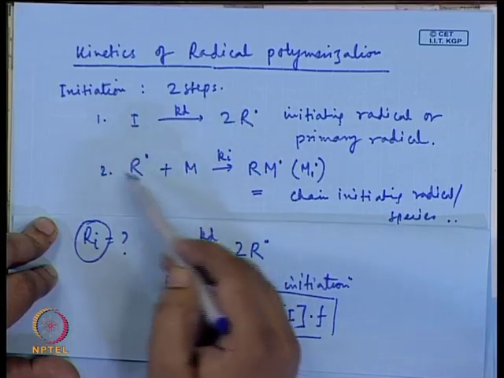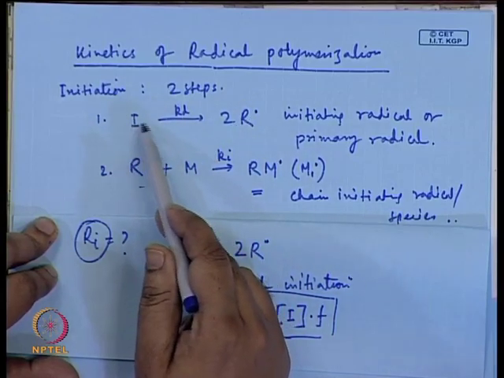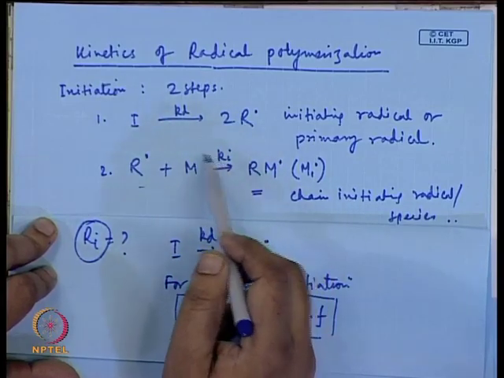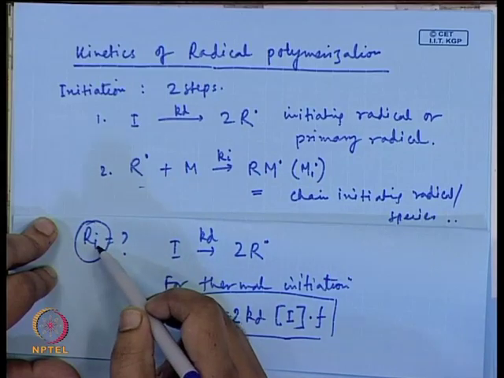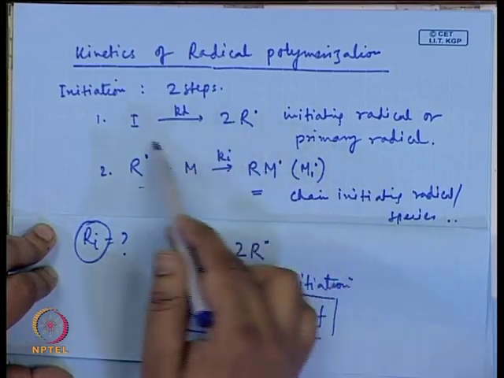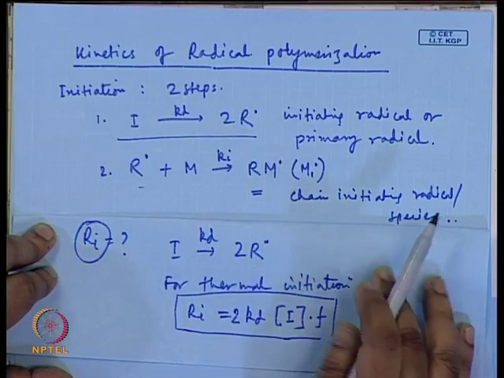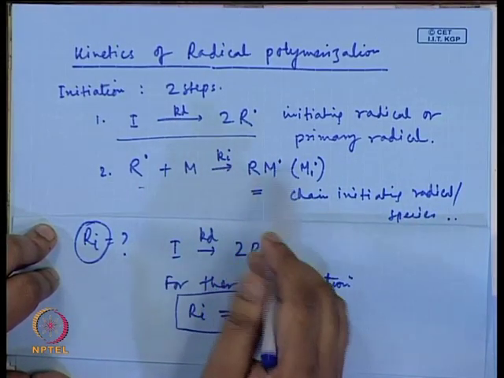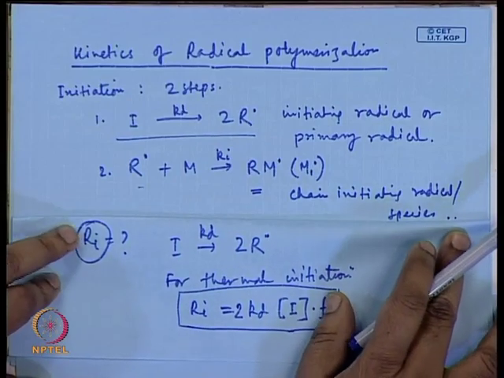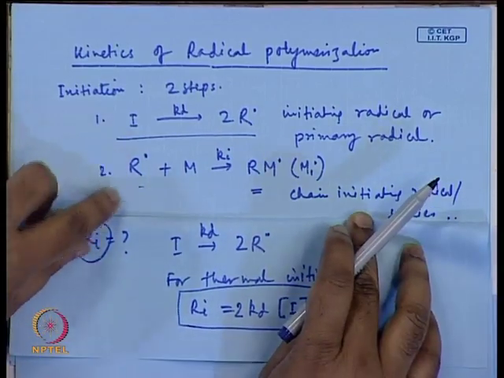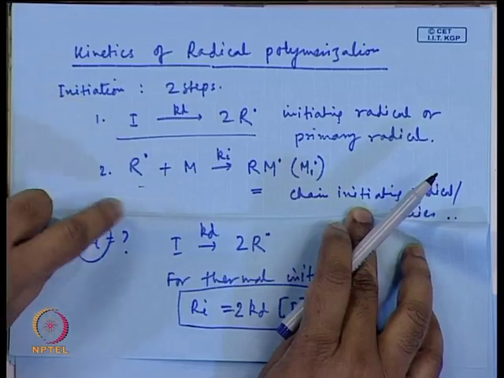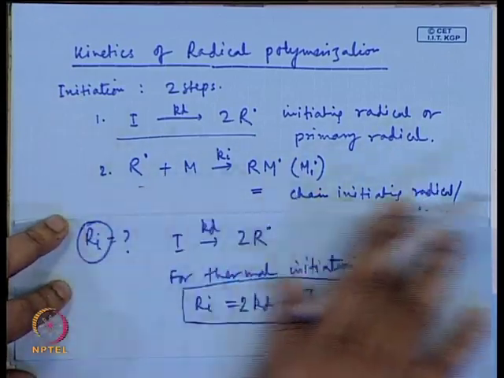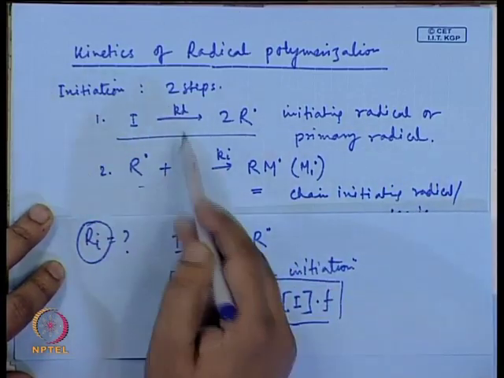So, the initiation reaction actually depends on the first step, not at all on the second step. So, when we are considering rate of initiation, we are only considering this Kd, not the Ki. Okay. So, that is clear that in spite of having 2 steps in the initiation process, we are taking the slowest step, which is basically the rate determining step for the initiation process.